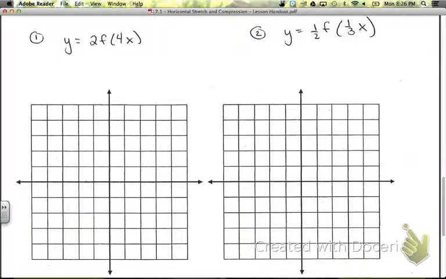So what we're going to do, we're going to graph our y equals, or f at x equals x squared, on both graphs to begin. So we have 0, 0, 1, 1, and 2, 4, and negative 1, 1, and negative 2, 4.